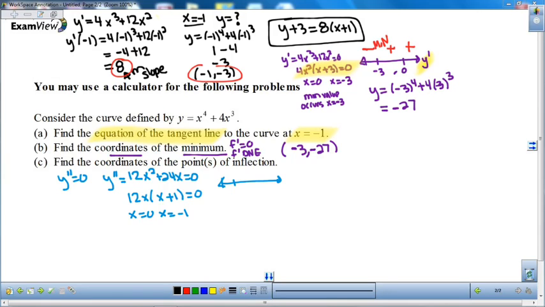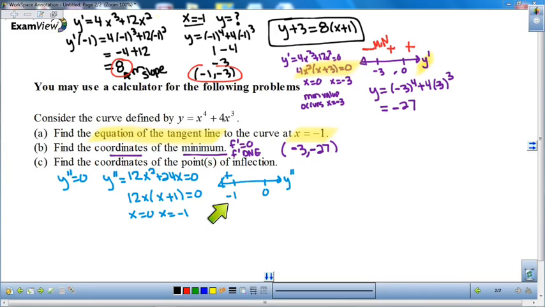So I need to check the sign of the second derivative to see whether I'm concave up or concave down. So to the left of negative 1, I'm going to check negative 2. So this is going to be a negative, and this is also going to be a negative. So a negative times a negative makes a positive.